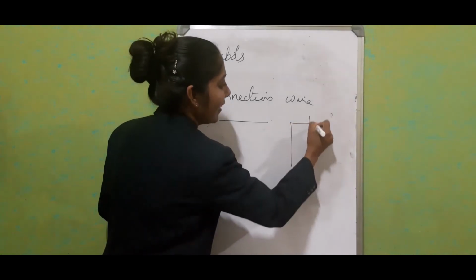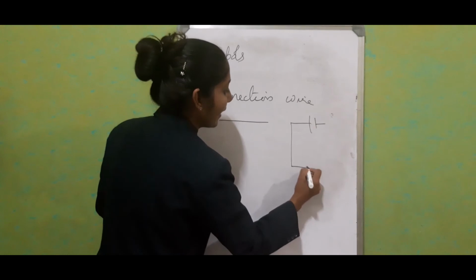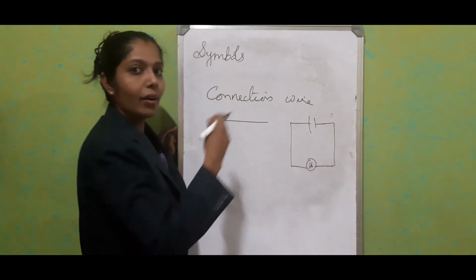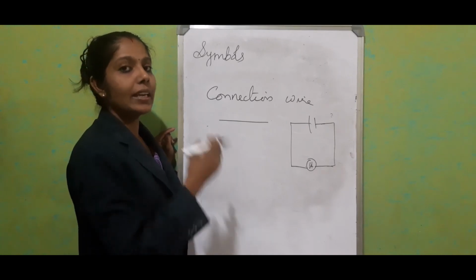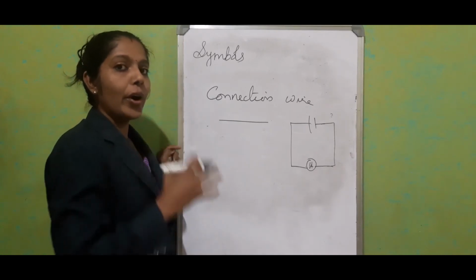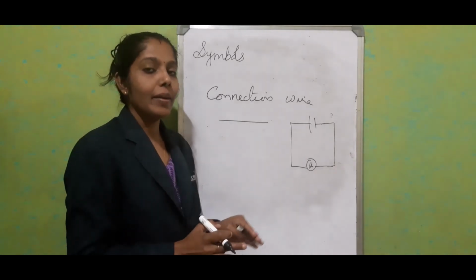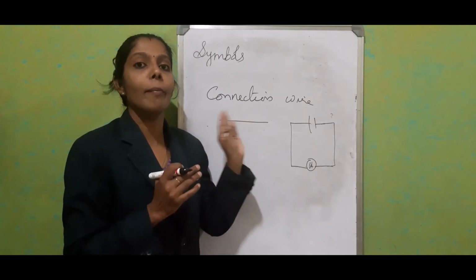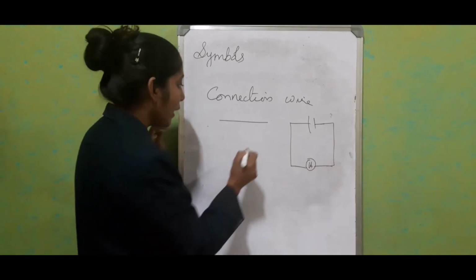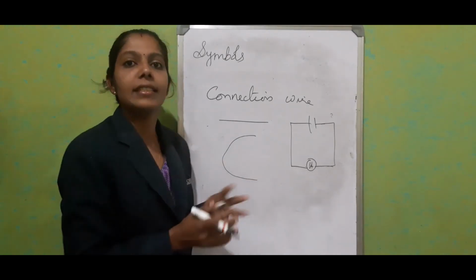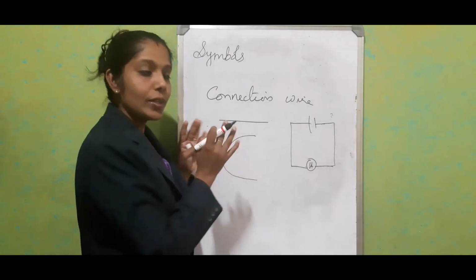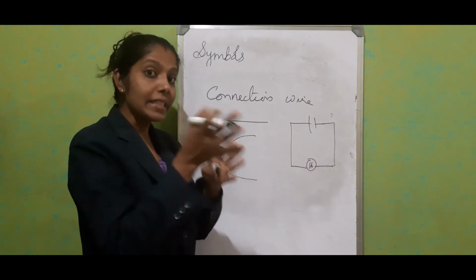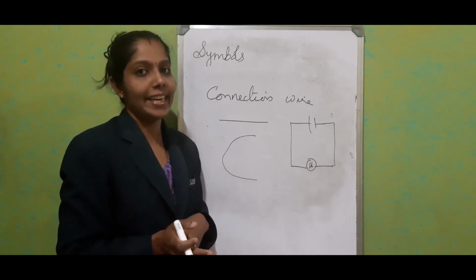Always a straight line shows the connection wires. So when you are drawing a circuit diagram, it should be a combination of straight lines. If you draw it otherwise, we never consider it a circuit diagram.